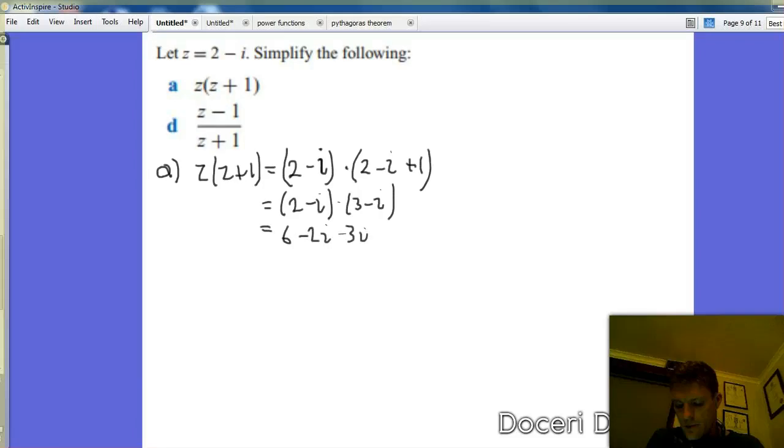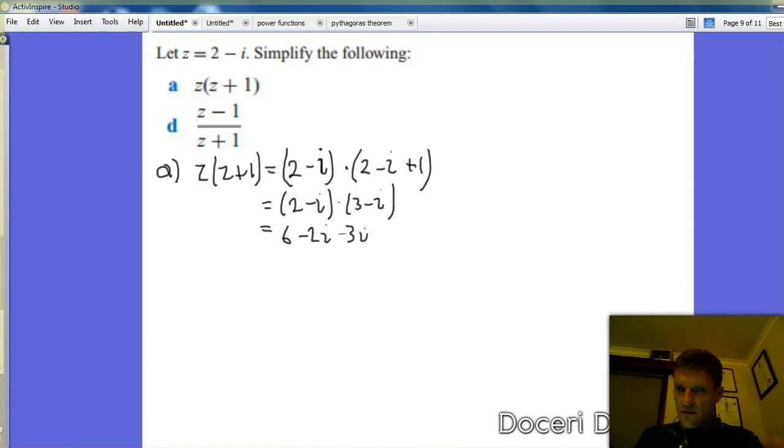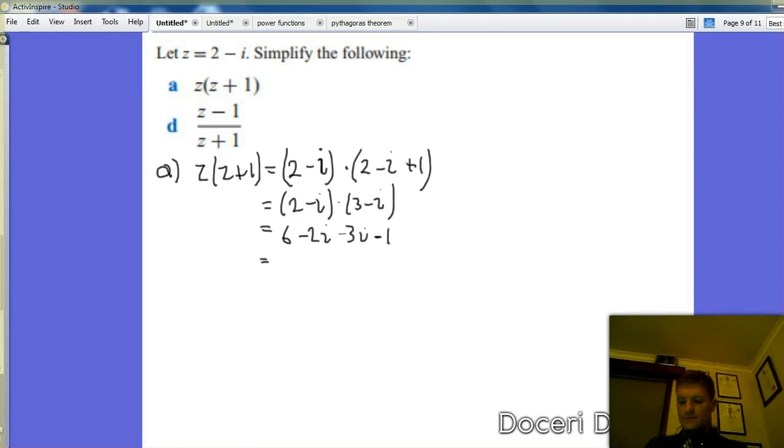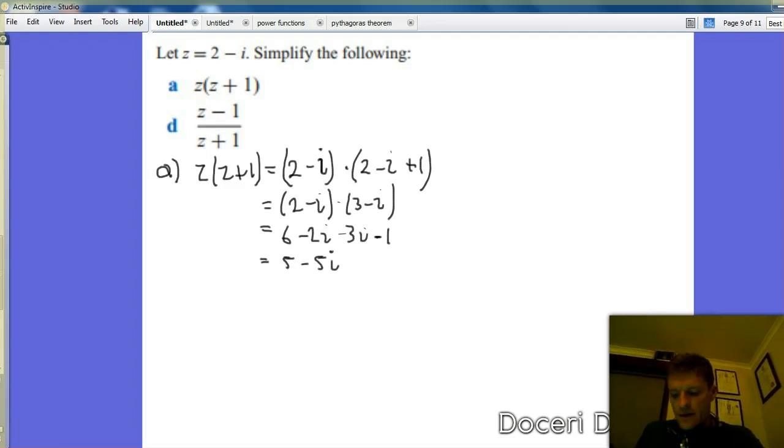Now negative i multiplied by negative i. I know i squared is negative 1, and negative times negative is positive, so we're going to have overall a negative 1 there. So finally 5 minus 5i as our final result for part A.